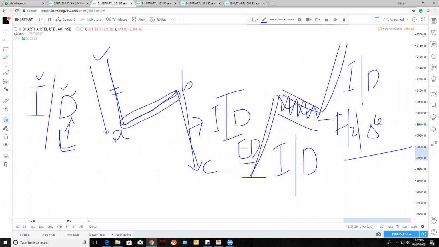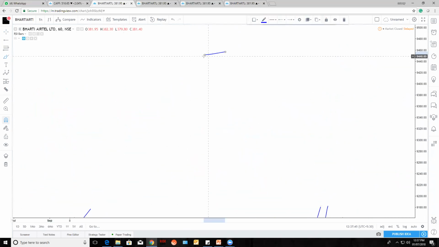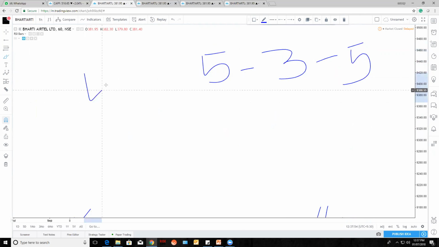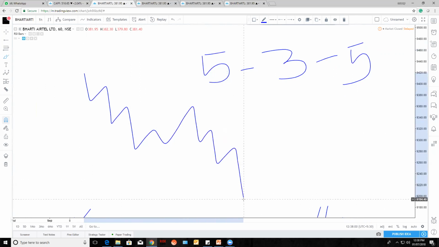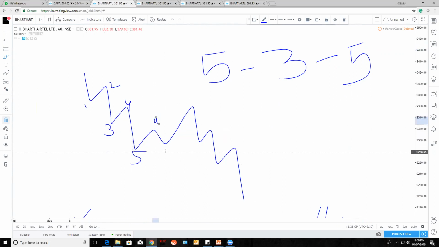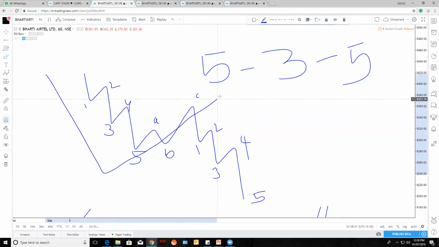We will come to know what all those are. Firstly, we will learn what the zigzag correction is. Zigzag correction is nothing but a three-wave structure. The structure here is 5-3-5. What is the meaning of 5-3-5 structure? Here the zigzag will be like 1 2 3 4 and 5. After the correction, again it's 1 2 3 4 and 5. Internally it is a 5-wave structure. Let's say ABC, and after that again 1 2 3 4 5. Total 1, 2, and 3.